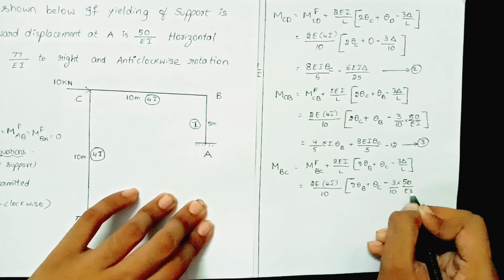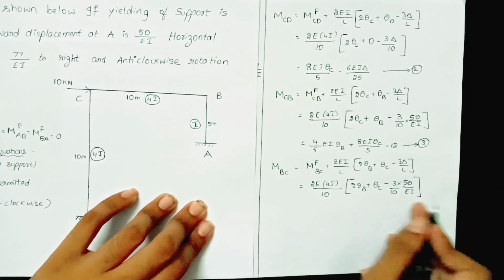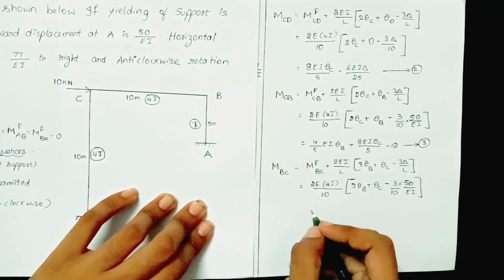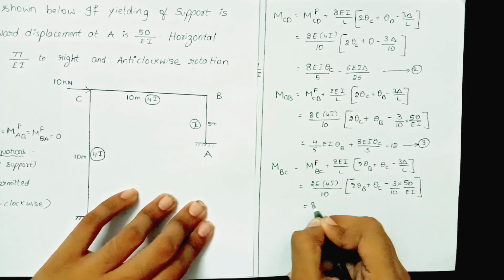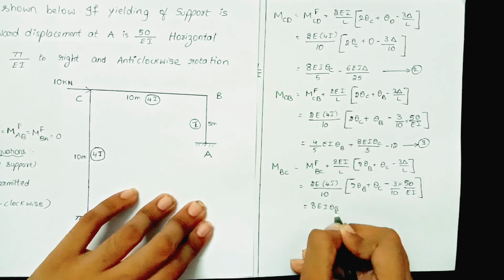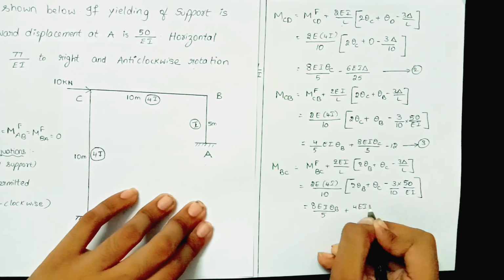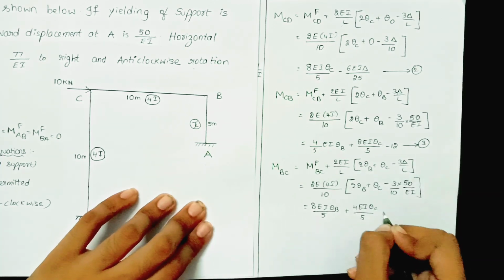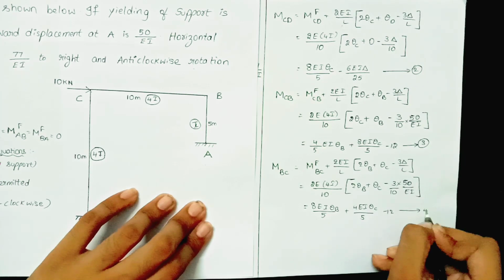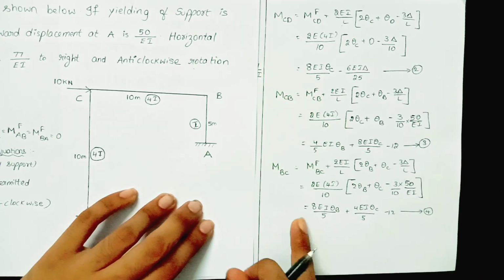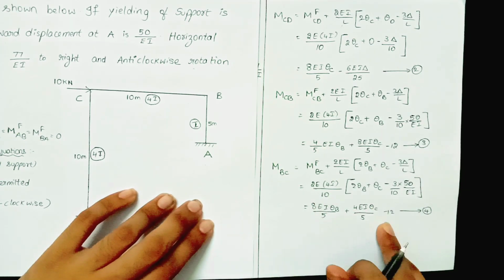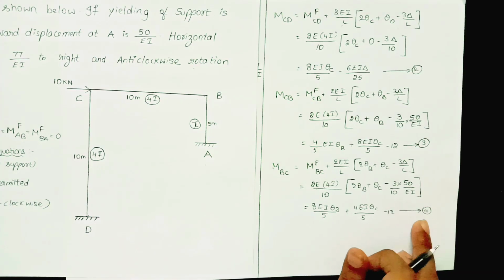These are the substitutions. Now simplify it to get 8 EI theta B by 5 plus 4 EI theta C by 5 minus 12. Take this equation as 4.